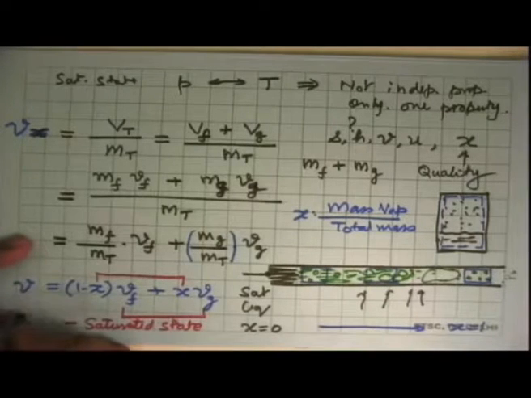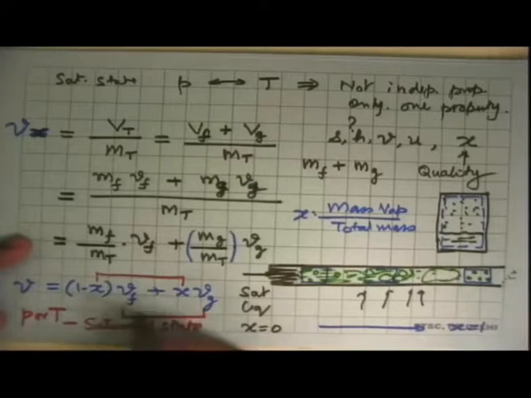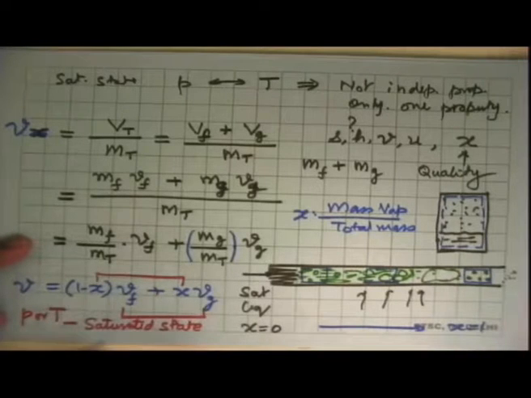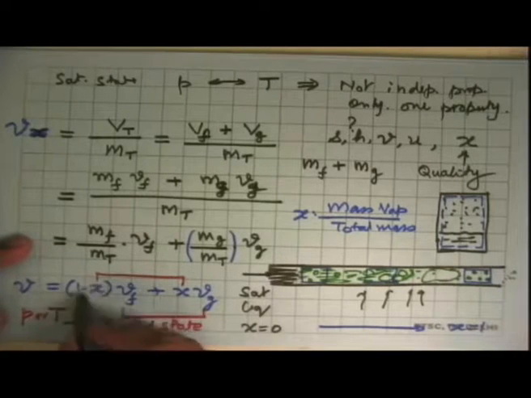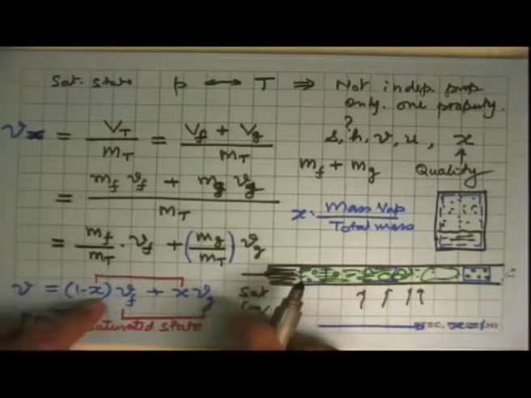Either we know the pressure or we know the temperature, and then from the property tables we can go and pick up Vf and Vg. So we are basically looking at only one variable here and one variable over there. We need two things, and that's what we can get from here.